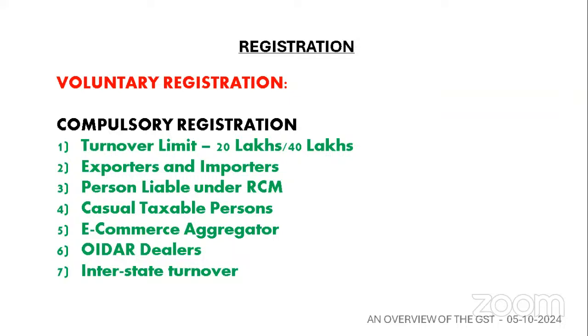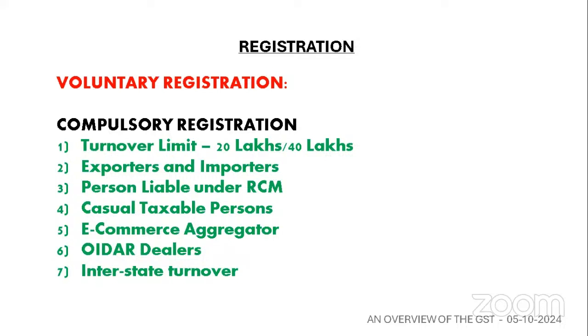One, a particular person who deals only in goods, and another person who deals only in services. Now, for these two people, the registration requirement depends on how much is the turnover of that particular person in a year. The GST law says that if you are into the business of rendering services and your turnover is more than 20 lakh rupees in a particular year, you are liable for registration.